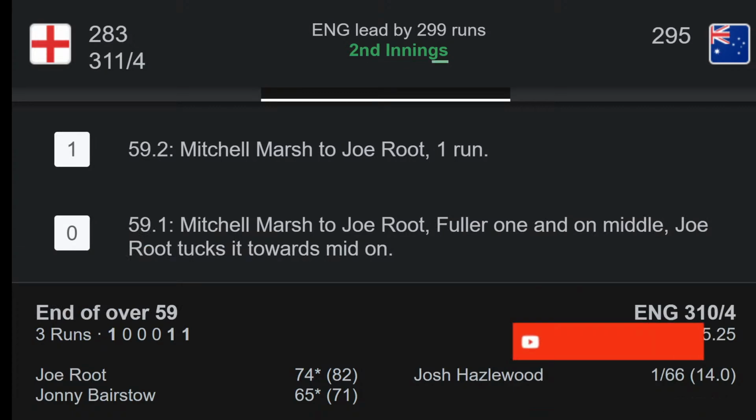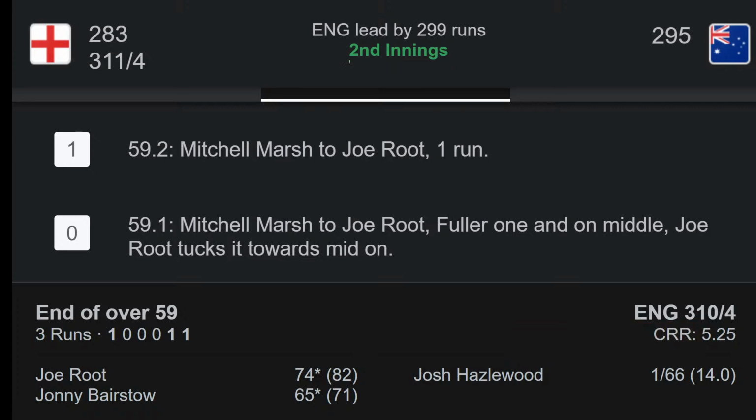Mitchell Marsh to Joe Root. Single has been taken. 311 for the loss of 4 wickets. England lead by 299 runs in the second innings.